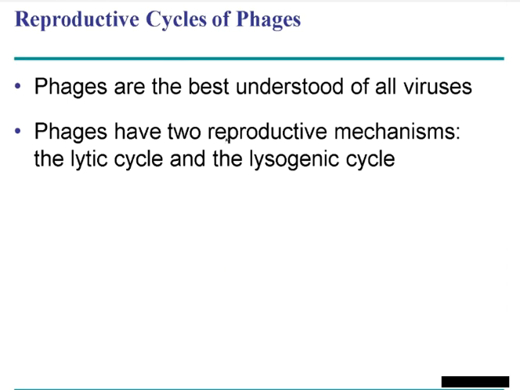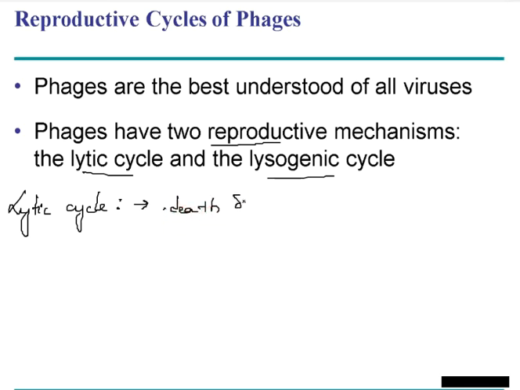These phages are the best understood of all viruses and have two reproductive mechanisms, the lytic cycle and the lysogenic cycle. Clear? What are the features of the lytic cycle? Why and when does the bacteriophage use the lytic cycle, and when does it use the lysogenic cycle? The lytic cycle shows the death of the host cell.